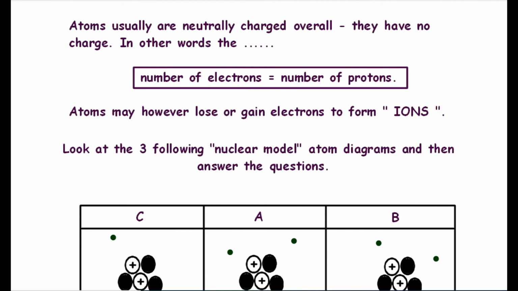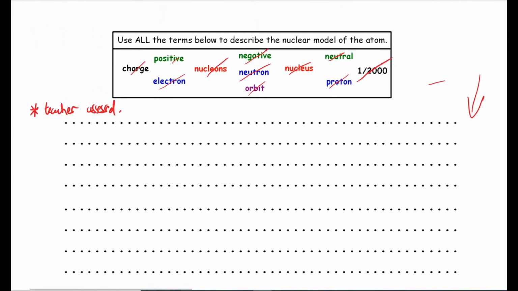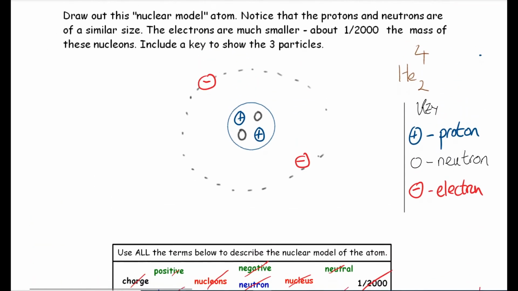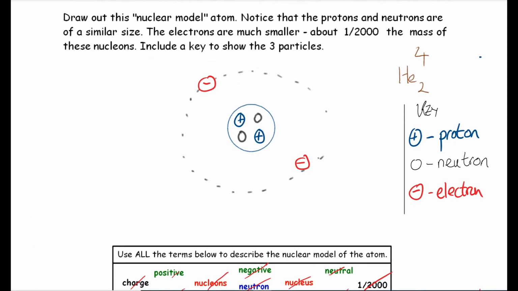They have no charge. In other words, the number of electrons equals the number of protons. And we can see that above in the helium atom. We've got 2 protons, which are cancelled out by the 2 electrons, giving an overall charge of 0.